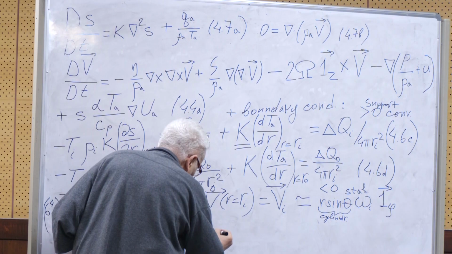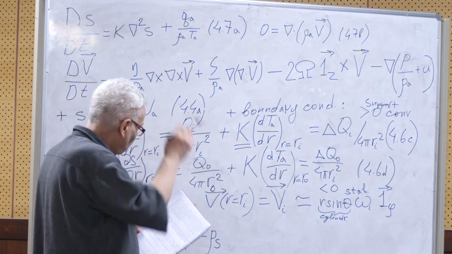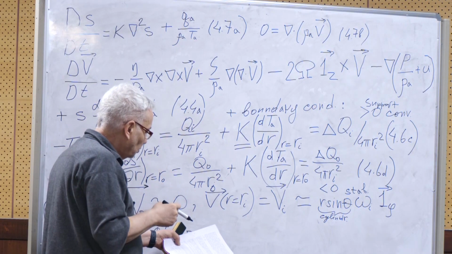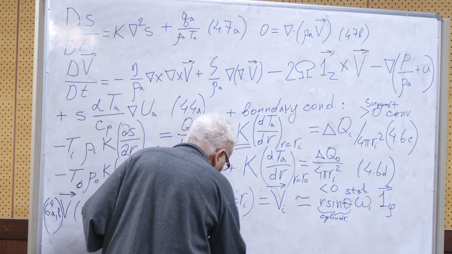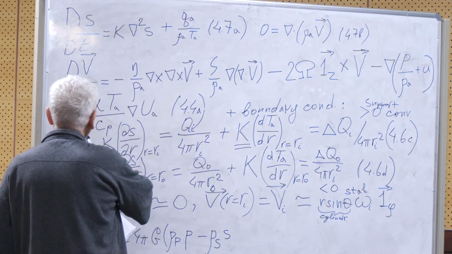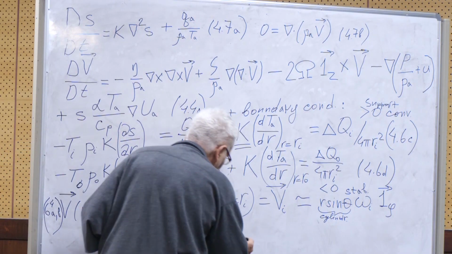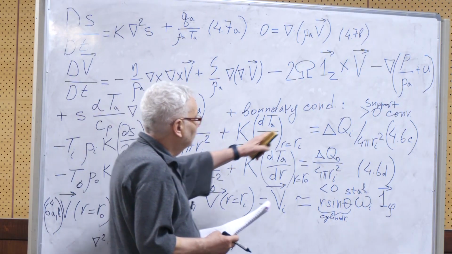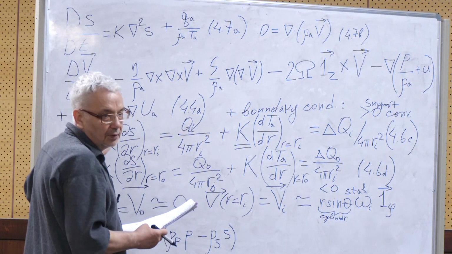And then we have density derivatives on R with constant entropy, of course multiplied by entropy, which is somewhere here. So this is the equation for the gravity potential, from which we can find it after we found the pressure, after we found this entropy.